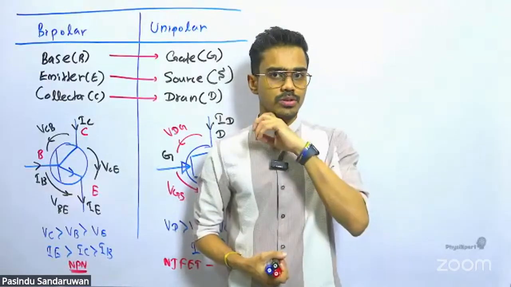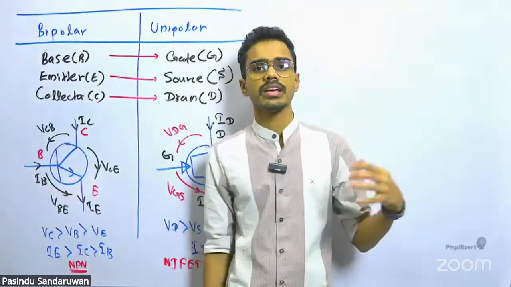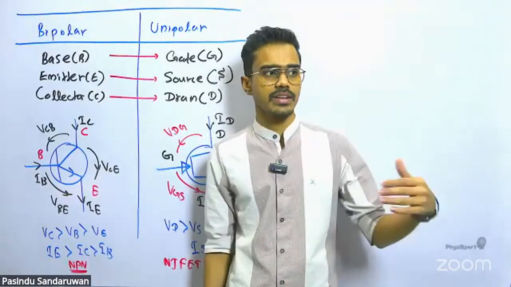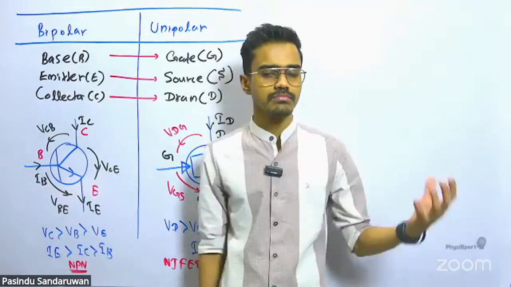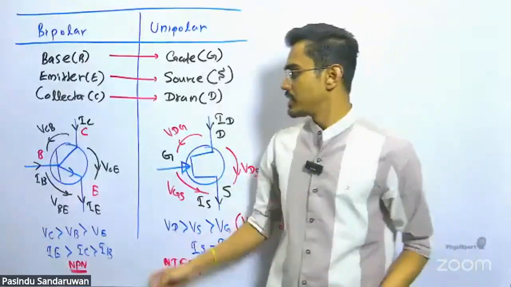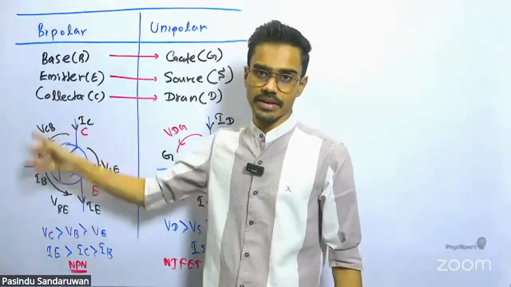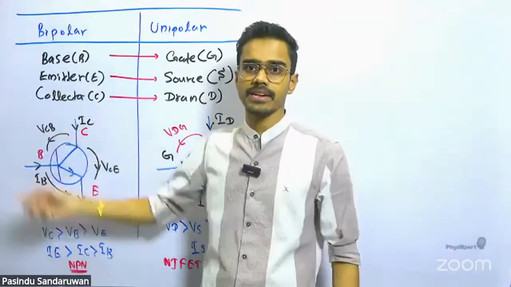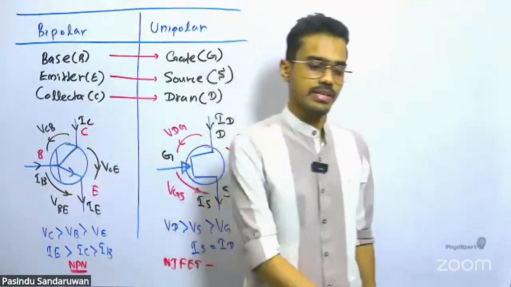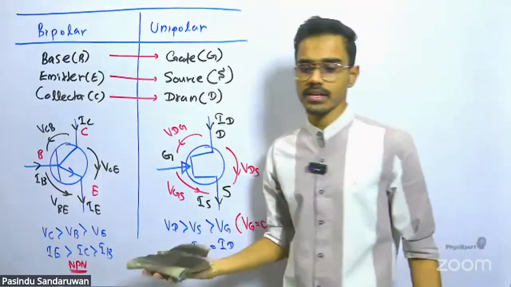Unipolar transistor also has its own unique features, but there are very comparative features coming from bipolar learnings. Okay, finished. Then here, left side column. Then draw PNP transistor and do everything.